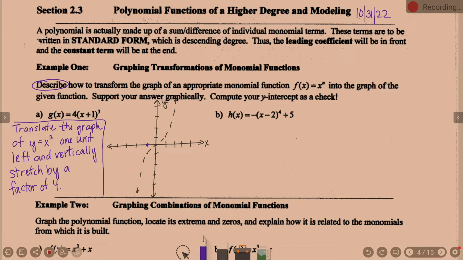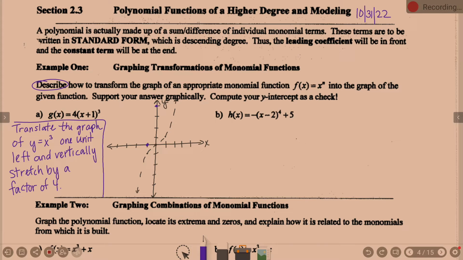Because it's a vertical stretch, which values go vertical? The y values. So we're going to multiply the vertical values by 4. So this second point in relation to that centering point is 1 right, 1 up. So we're still going to go 1 right. Instead of going 1 up, what's 1 times 4? 4. So I'm going to go 1 right and 1, 2, 3, 4 up.